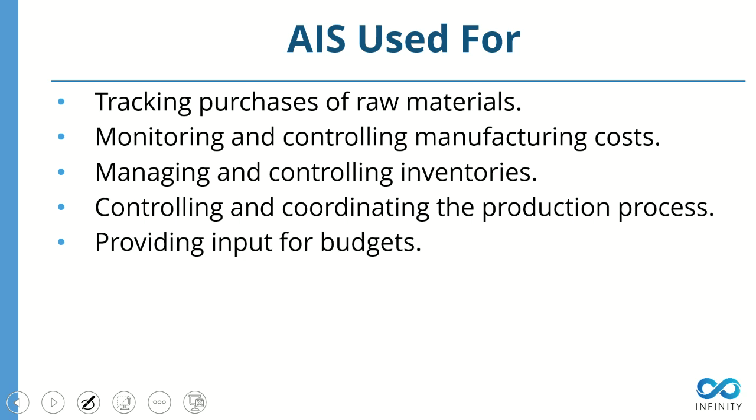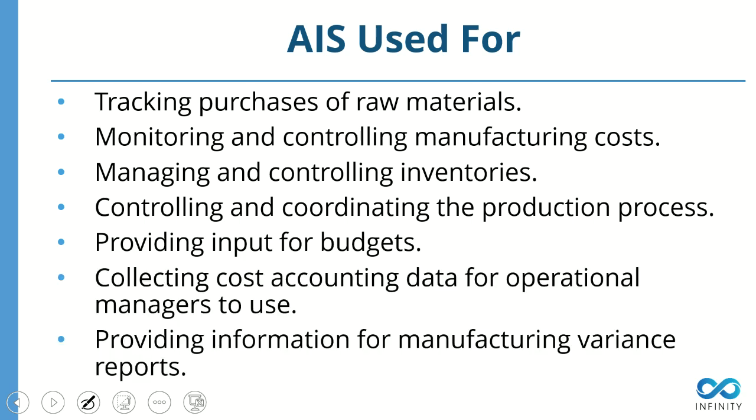So you are using the accounting information system here for tracking purchases of raw materials, how many we are buying, monitoring and controlling manufacturing cost, how the cost is spent in the organization. Is it going above the budget or within the budget?